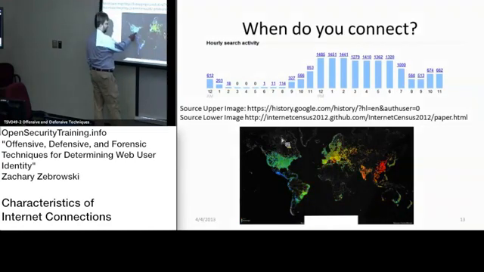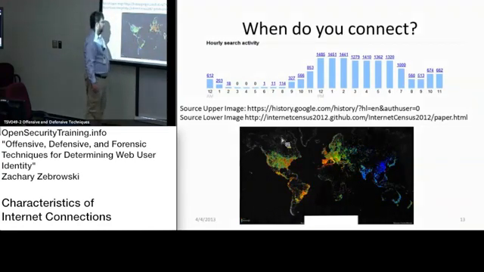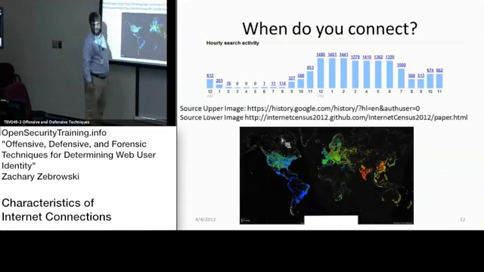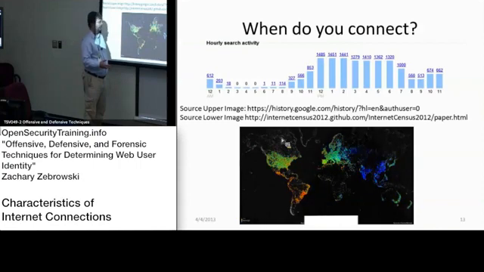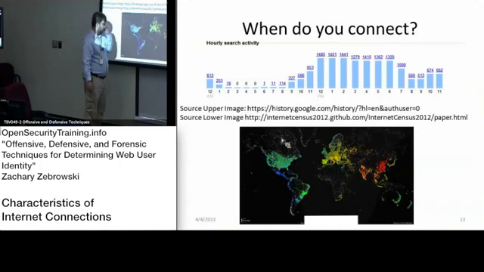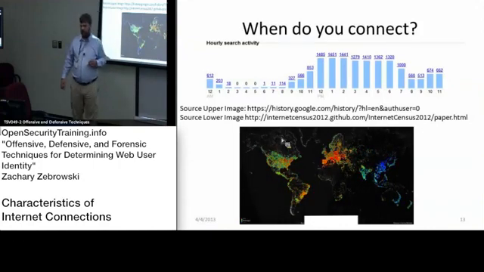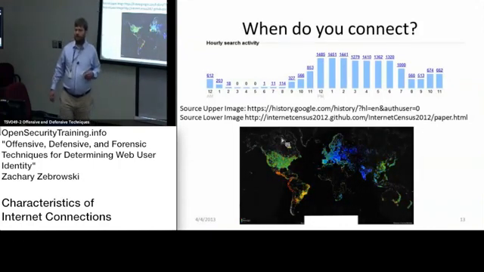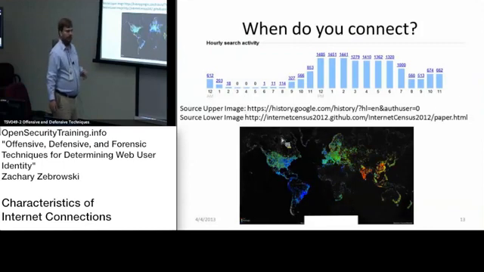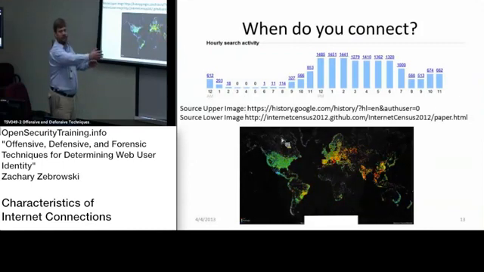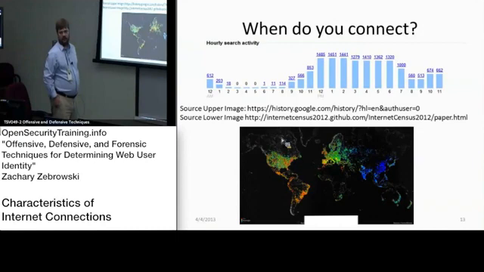When it gets darker here, the bluish color is basically when the amount of ping traffic is going down. When it's the brighter, redder color, that's when more machines are available on the internet. It also happens to correspond to when the daylight is coming through as well.